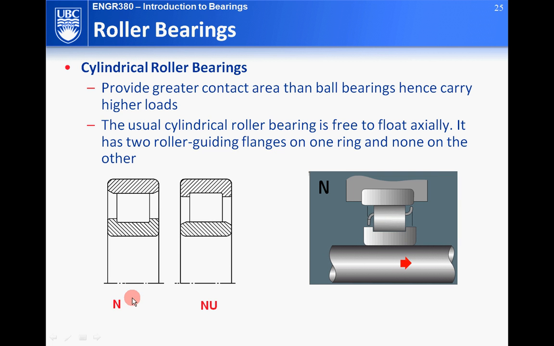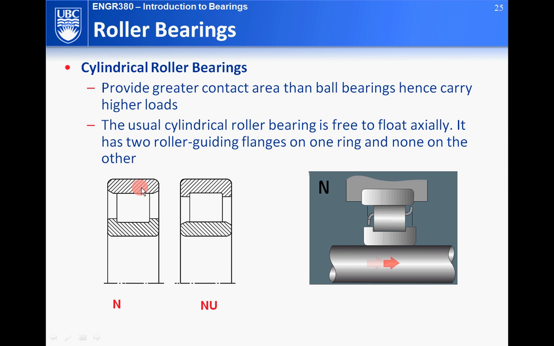But for a roller, they start with N, a letter. The second letter, if there is one, indicates the type of roller bearing. For example, if you have an N here, there is a groove and there are two flanges at the inner ring here.